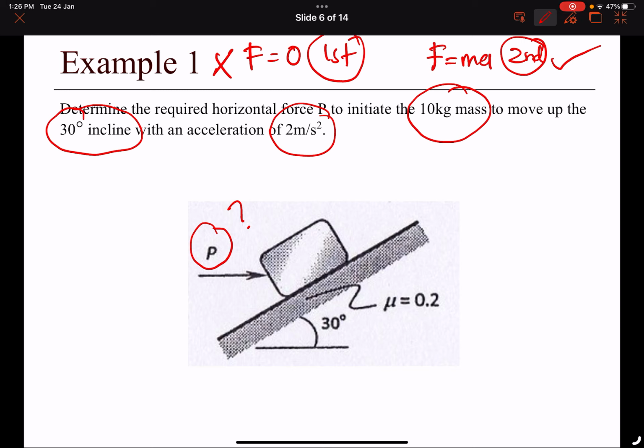Let's say you want to assume the axis follows the surface like this one, or maybe the other option like this one. It's up to you.